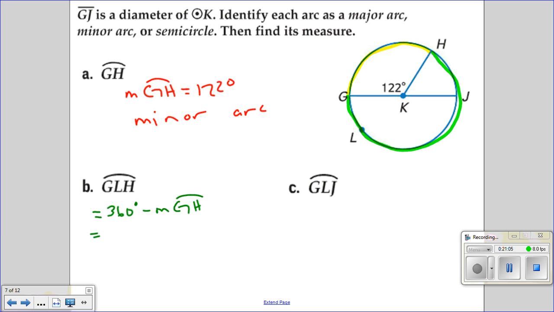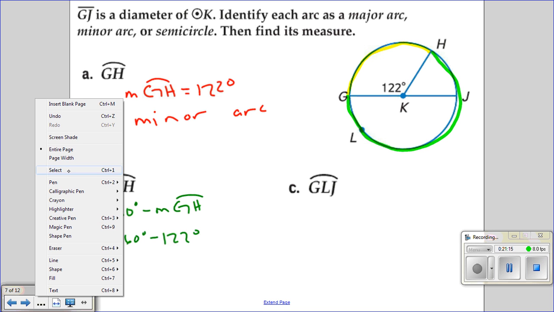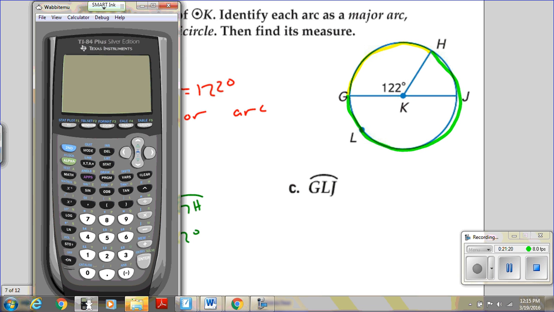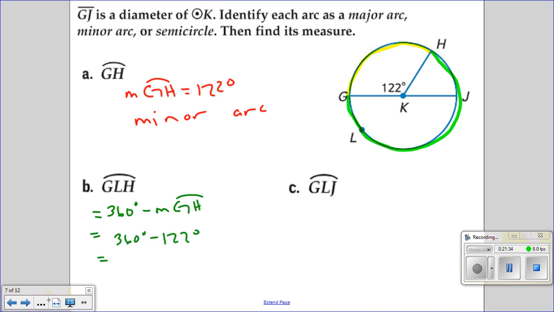So that would be 360 degrees minus 122 degrees, which is 238 degrees.